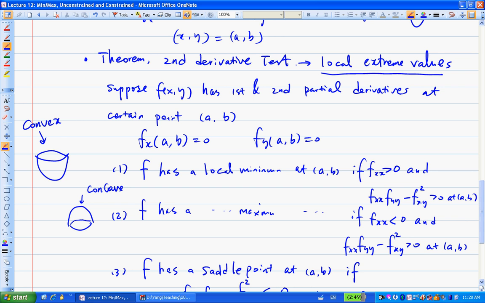If you go to a mathematics department, there's normally a course called convex optimization, which deals with this kind of surface. We're talking about a function of 2 variables, but you can have a function of 3 variables or even more. So convex or concave is not restricted to this surface; it can also be extended to so-called hyperplanes and hypersurfaces.